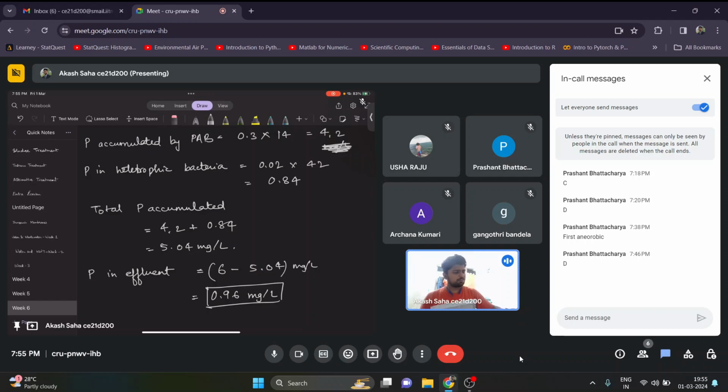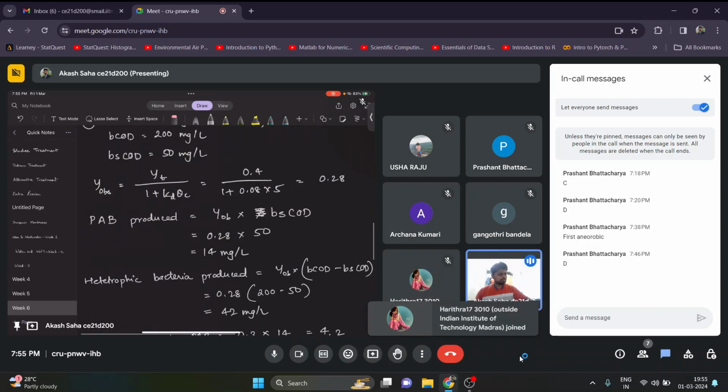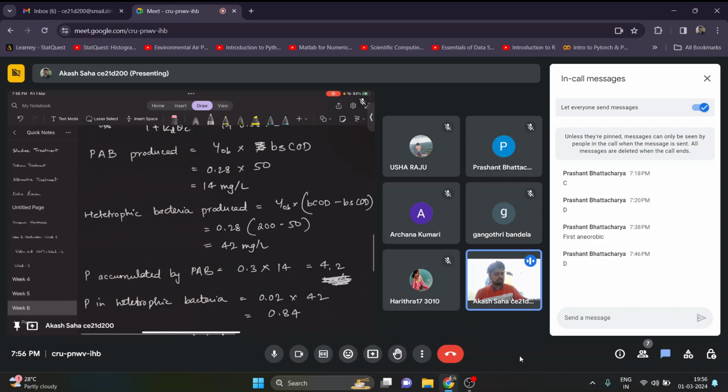So what we have done is first we calculated the Y observed, the observed yield from the total yield. Then we found out how much phosphorus accumulating bacteria is produced, in terms of Y observed into BSCOD, because that is directly soluble in the system.